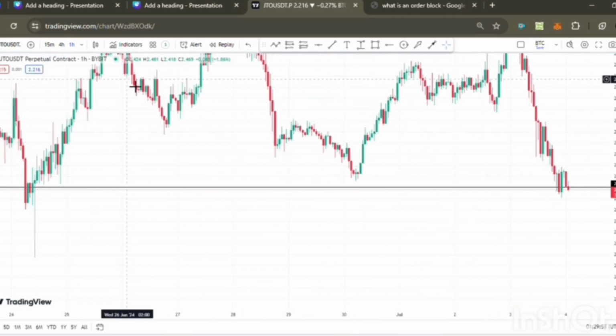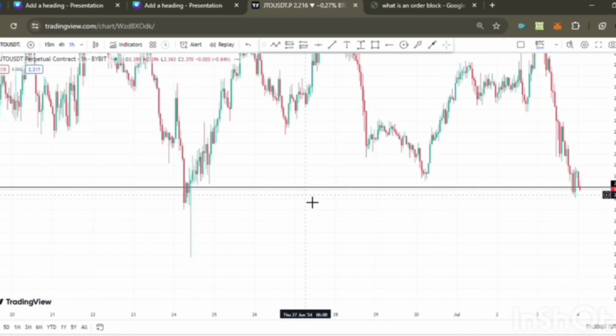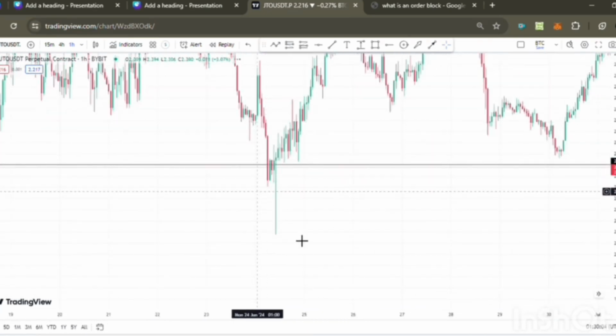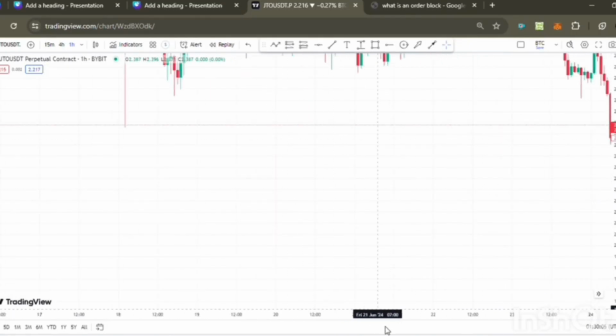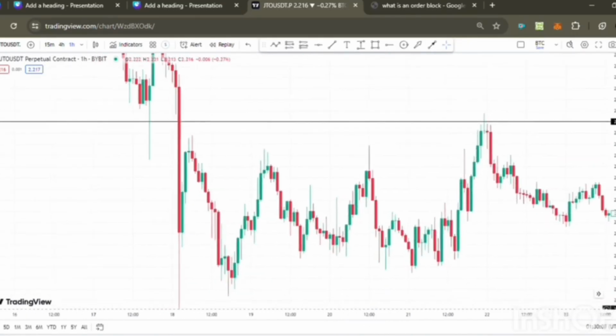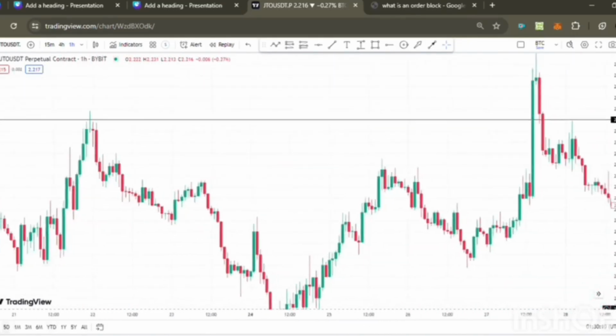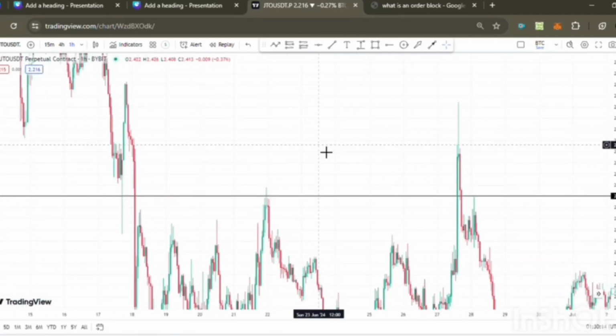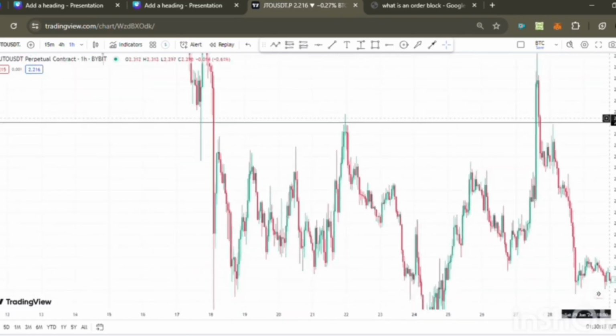I just want to find that other block so that we use it. See, exactly what I was looking for.